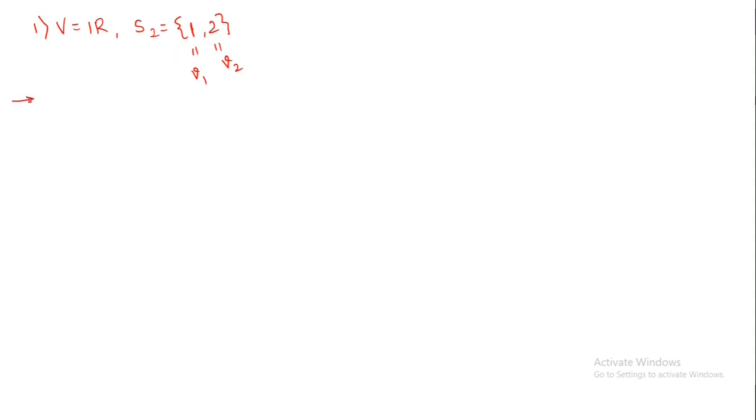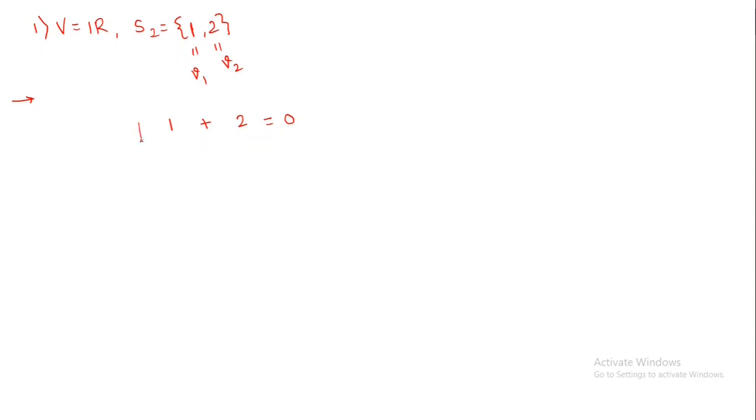Now see, what does the concept say? I will write my V1 over here, that is 1, and my V2 over here, that is 2, and on the right hand side we are going to have the 0 of the vector space. What is the 0 of vector space R? That is the usual 0. So this is our V1, this is our V2.